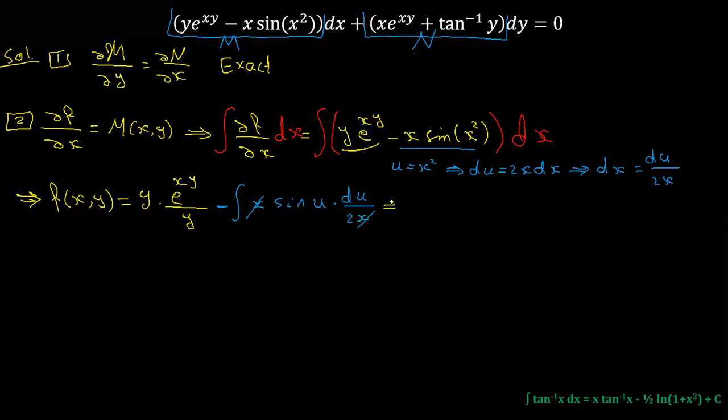So from this I can write the f is, I cancel y with y, so it is e to the xy minus. Now the 2 is a constant, take it out. What about the integral of sine u? The integral of sine u is negative cosine u. You need to add a constant, plus c.